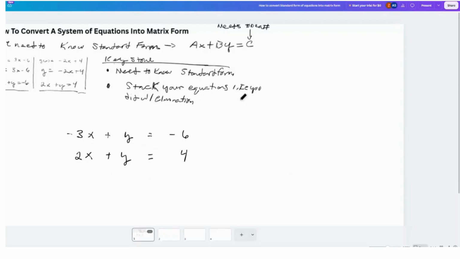And then the way we deal with matrices is we extract the coefficients in front of the letters in their associated columns. So there's an understood 1 here and an understood 1 here, right? That means you've got a negative 3 and a 1 and a 2 and a 1.